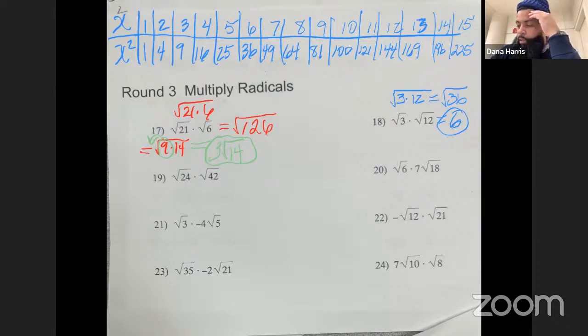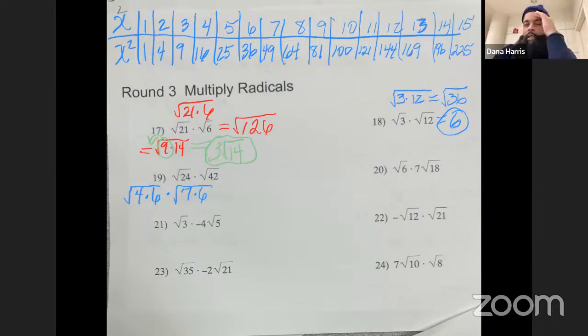When we go to 19, you can do this a couple ways. So what I did in this one was I have 24 and 42, right? I can multiply 24 times 22, but I also can say the square root of 4 times 6 times the square root of 7 times 6, okay?